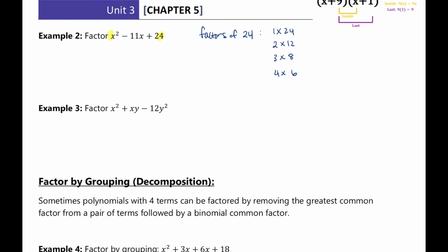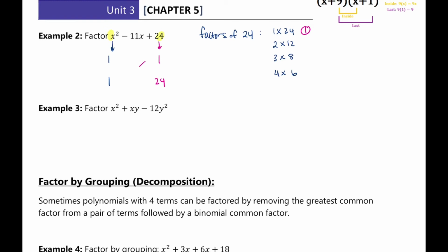Okay, so first thing we need to do here is to write down our factor of 1. So 1 times 1 is 1. Next would be finding the factors of 24 vertically. So let's start with the first option, number 1. So we have 1 times 24.